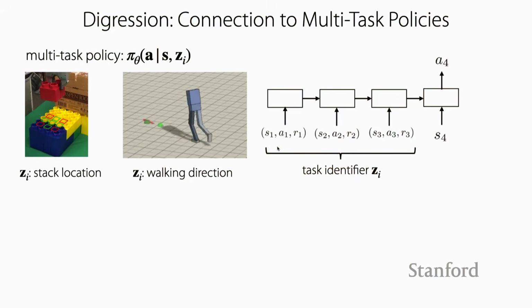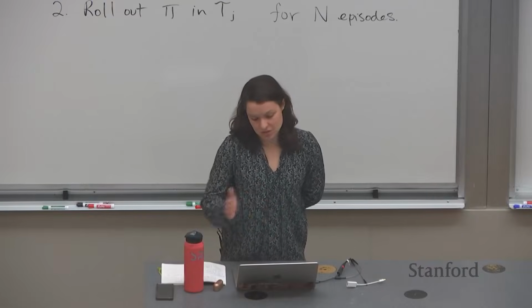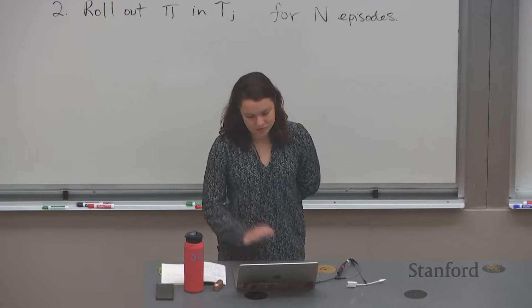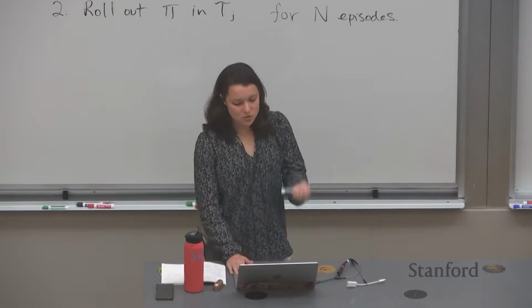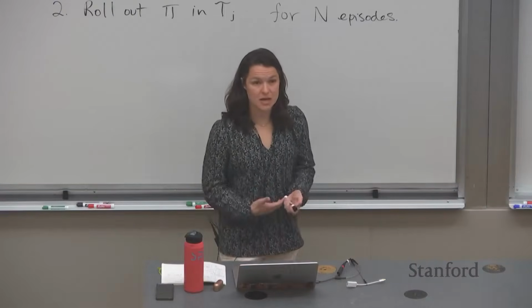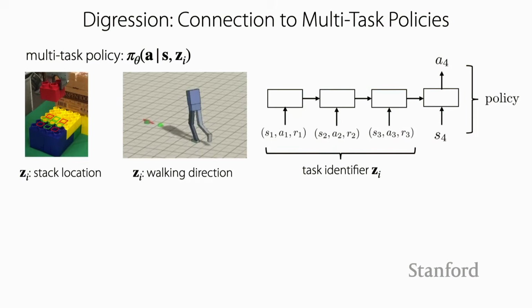One way to think about how this relates to multitask learning is that we're just doing multitask learning, but now this data is our task identifier, and it actually changes within a task. So the analogy is not perfect, since it's not fixed for a given task, but you can think of it as conditioning on the task insofar as experience tells you what task you're trying to do.